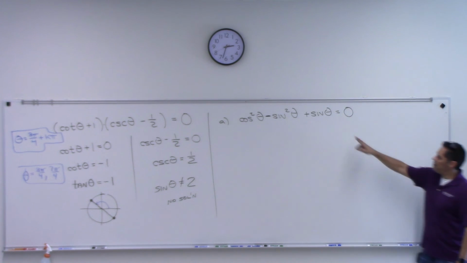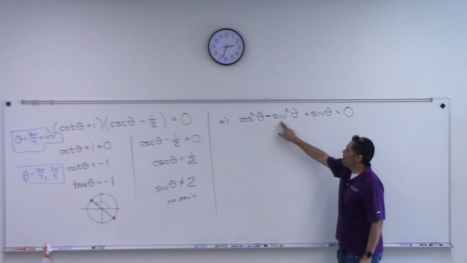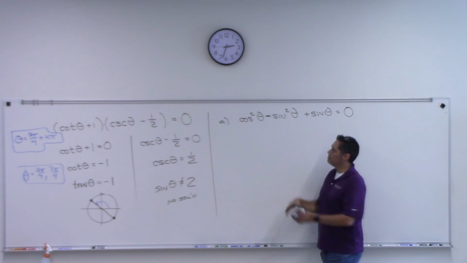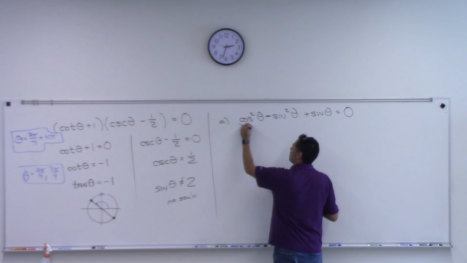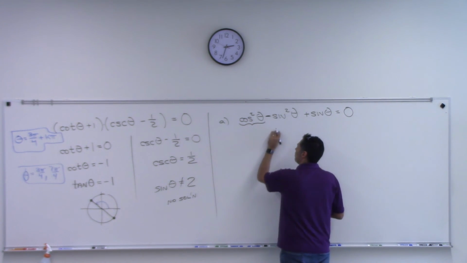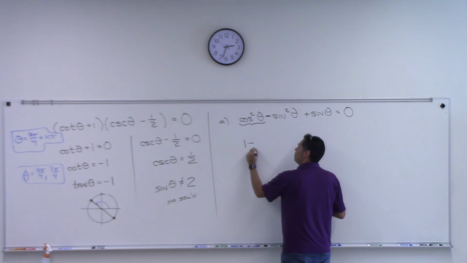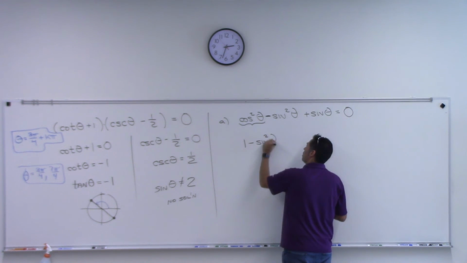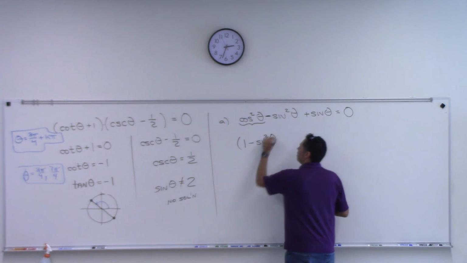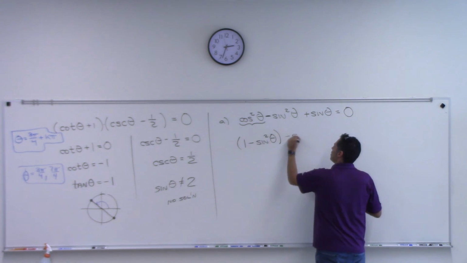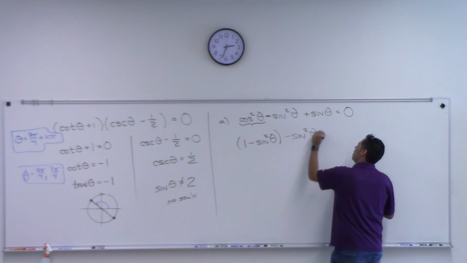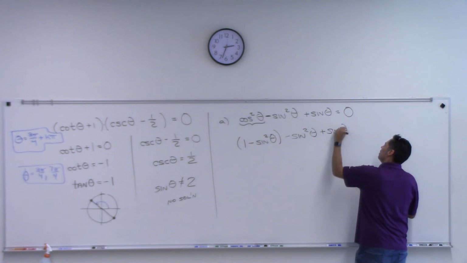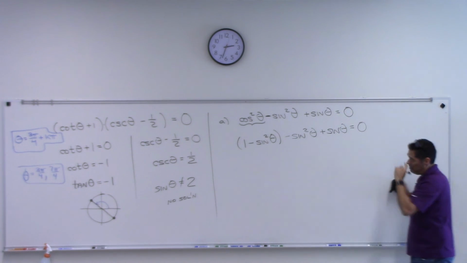All sines, because I have a sine here and sine squared here. Let's turn that into something with sines. So use the Pythagorean identity on that. What does that become? 1 minus sine squared theta. And then minus sine squared theta plus sine theta equals 0.